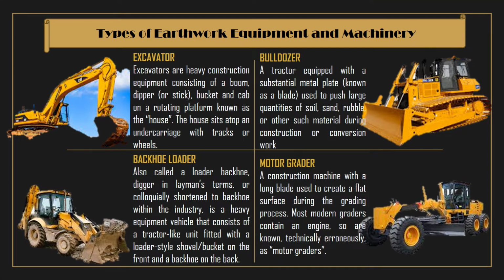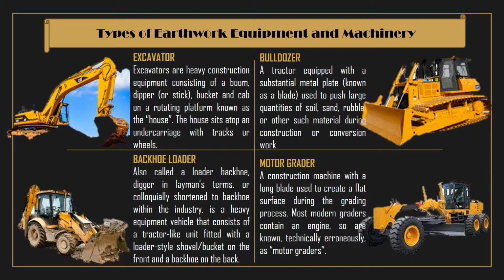These are the types of earthwork equipment and machinery. The first one is the excavator. Excavators are heavy construction equipment consisting of a boom, dipper, bucket and cab on a rotating platform known as the house. The second one is the bulldozer, a tractor equipped with a substantial metal plate used to push large quantities of soil, sand, rubble or other such material during construction.